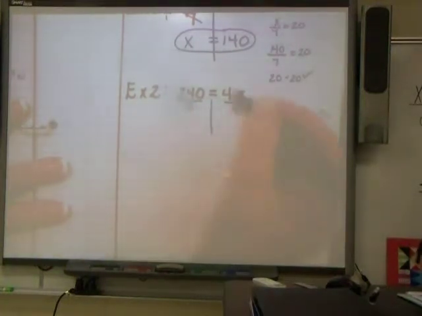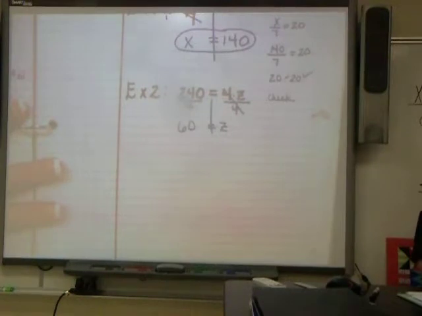When you do that, 4 divided by 4 reduces down to 1z. Four will go into 24 6 times, keep the 0. So we're saying that z is equal to 60.